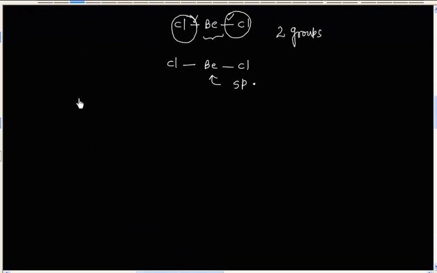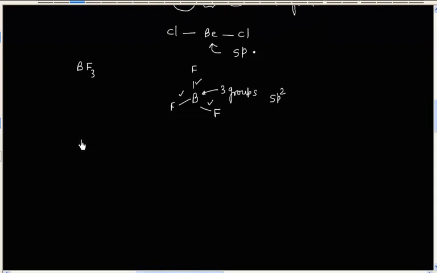Now let us say this exercise, BF3. Write down the Lewis dot structure. Now boron has three groups. So hybridization for boron is sp2 because it has three groups. Now let us say I have H2O.